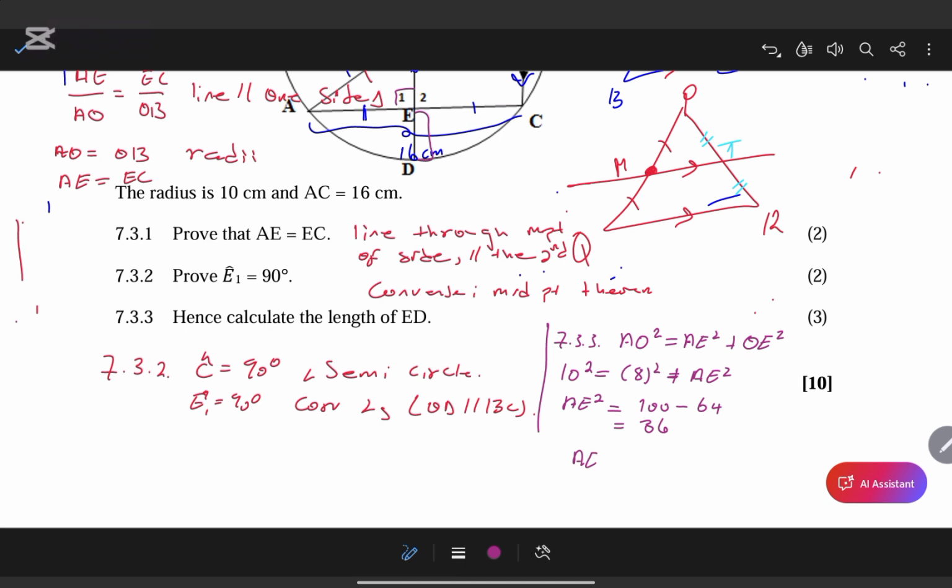Therefore, OE is equals to 6 centimeters. Now, if OE is 6 centimeters, but OD is 10 centimeters, therefore, ED is equals to 10 minus 6, which is 4 centimeters. So that is the length of ED.